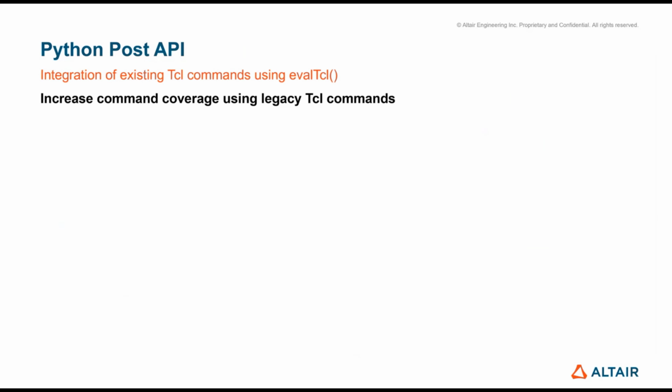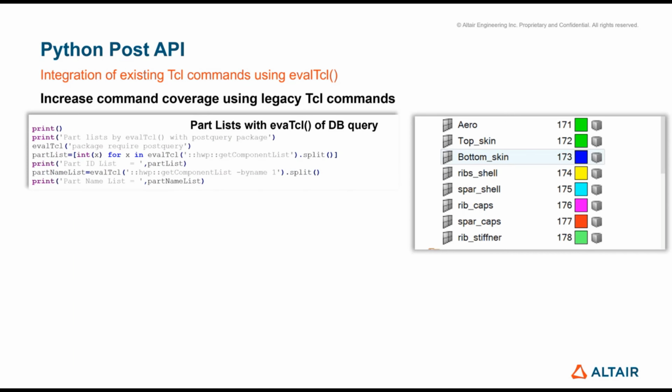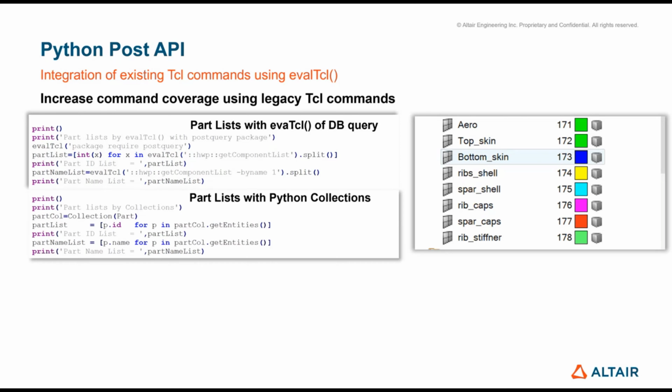Let's show here, when something is missing, you can integrate existing TCL commands using eval TCL. So here a little example. Here I used in Python the post query package. I load it and then get the component list, both with IDs or by name, and use basically eval TCL to get both lists.